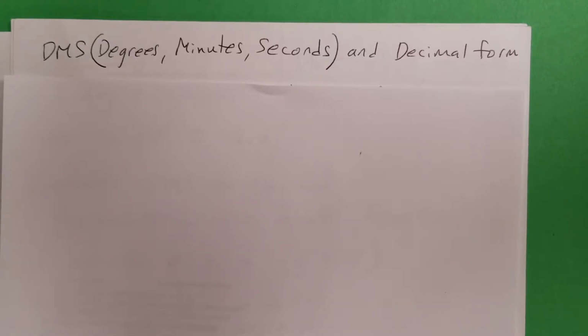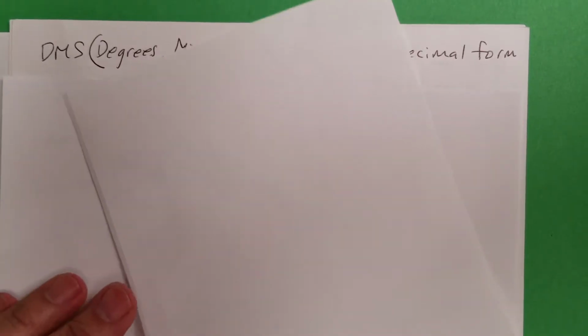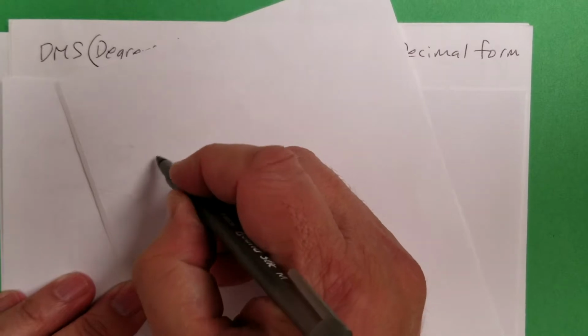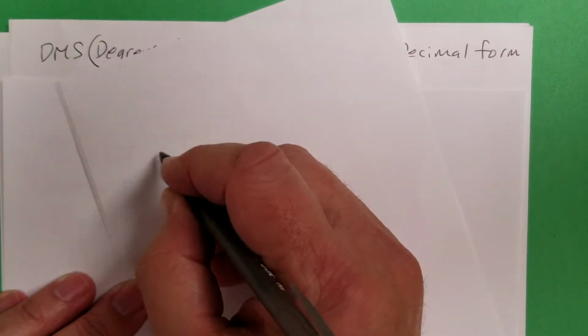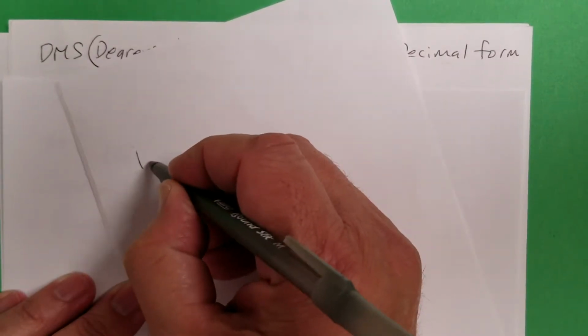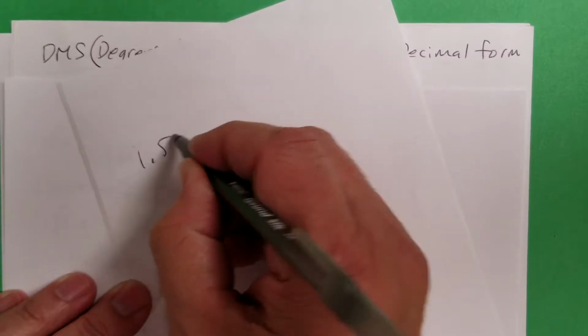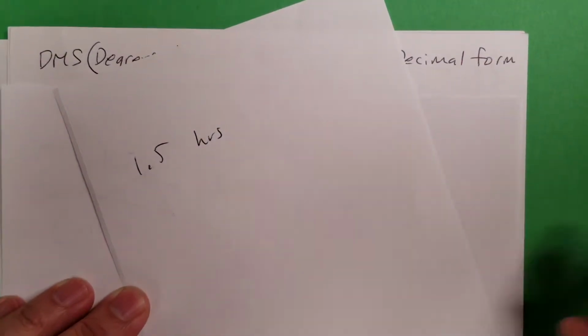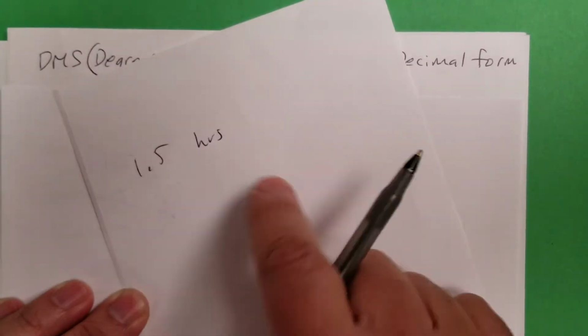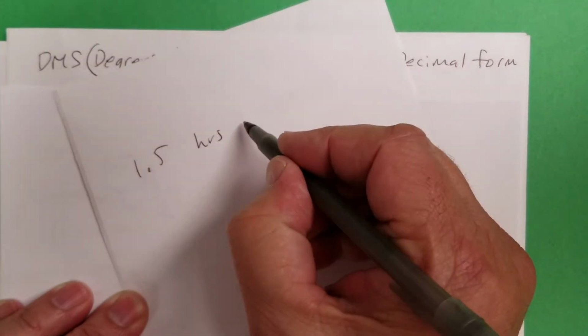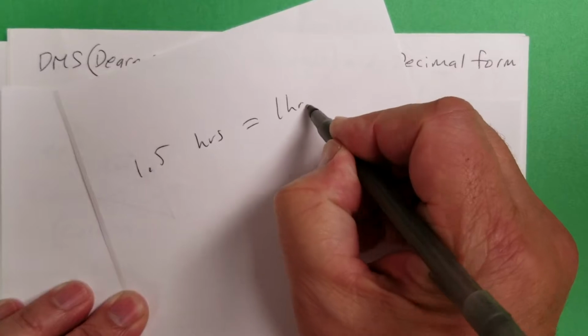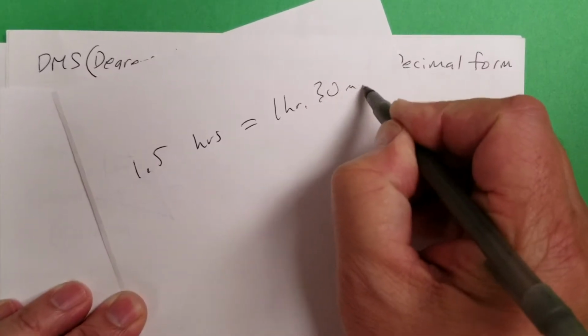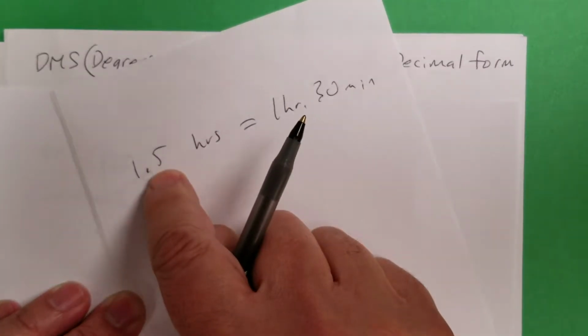If somebody says it took me 1.5 hours to do something, well, another way of writing that would be in hours and minutes. So in hours and minutes, that would be 1 hour, 30 minutes. Not 50 minutes, not 5 minutes, 30 minutes.